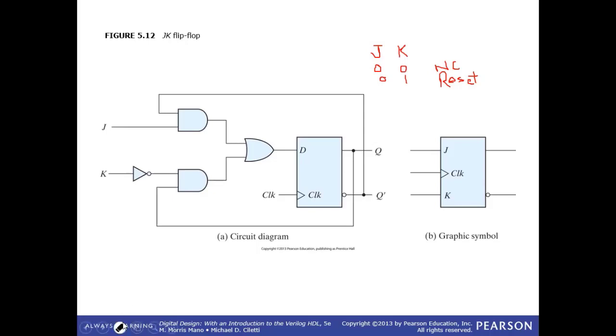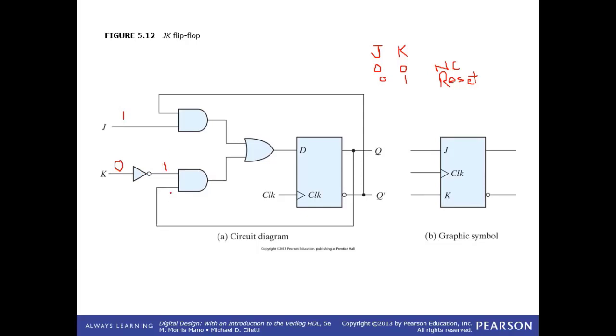The next state is J is equal to 1 and K is equal to 0. Okay, so this one is interesting. If K is 0, we'll have a 1 over here. Am I right?